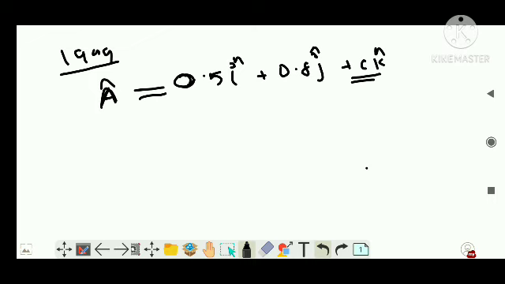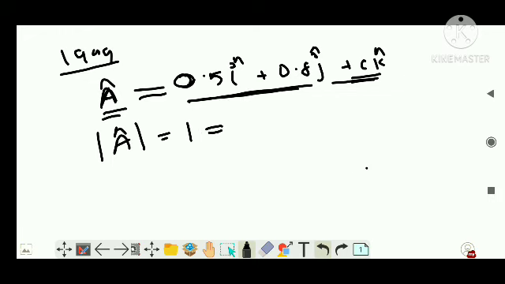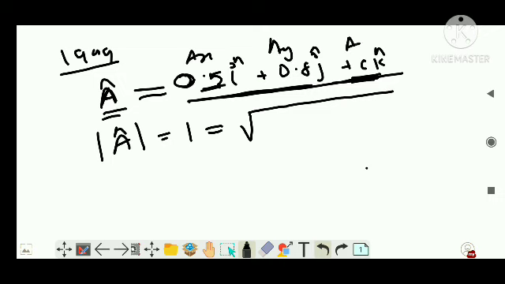If this is unit vector a cap, that means the magnitude of it should be 1. So how would I find the magnitude of this a cap? That is the root of ax squared plus ay squared plus az squared. So ax is 0.5 squared plus 0.8 squared plus c squared.